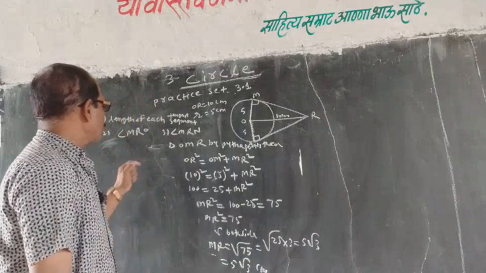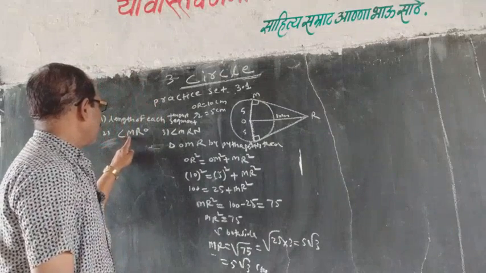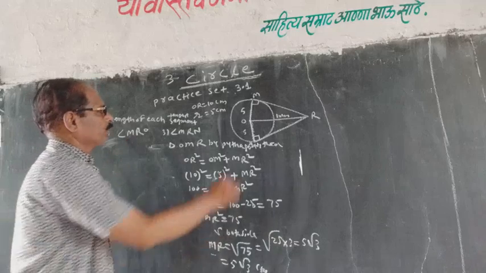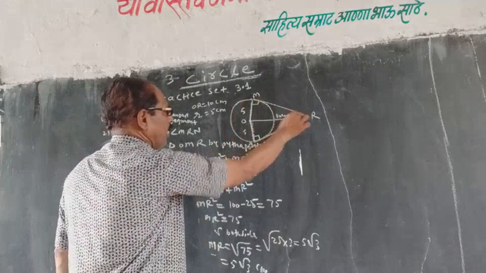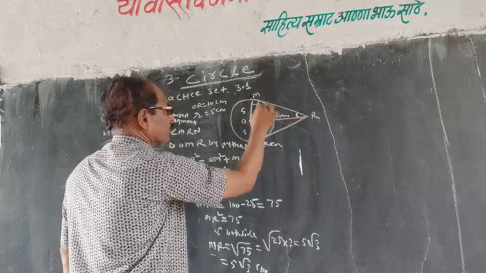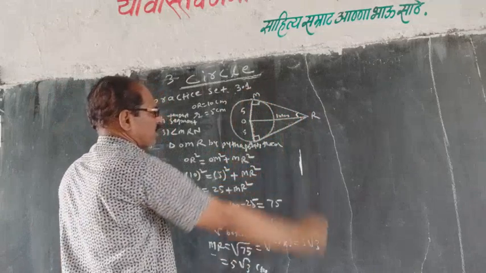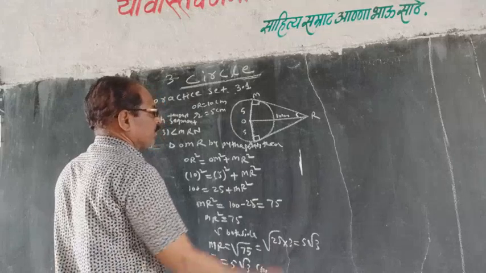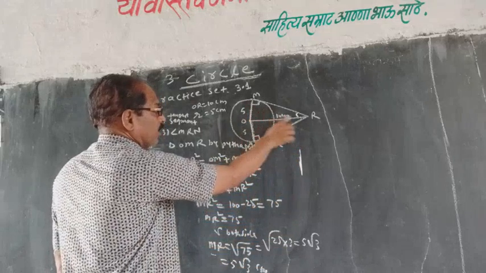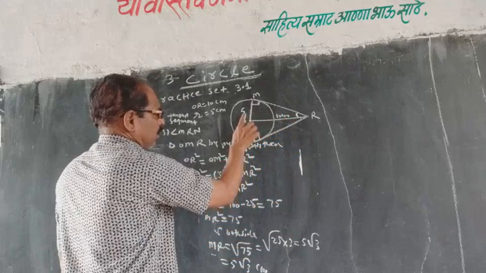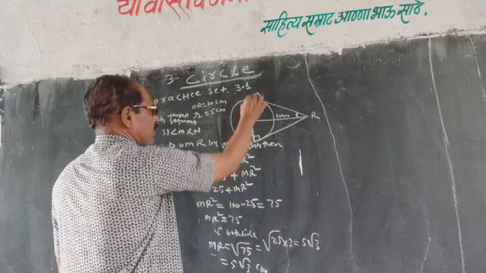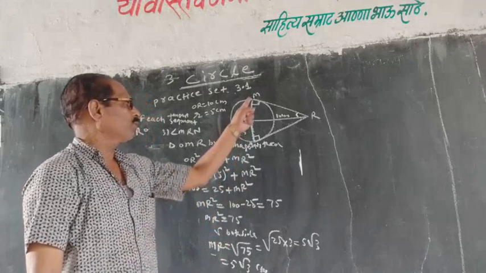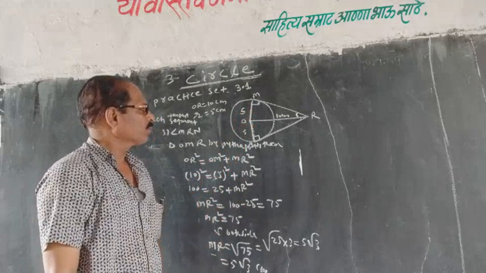Second, we have to find the measure of angle MRO. Angle M is 90 degrees. Opposite side of angle R is OM, and the length of OM is 5.